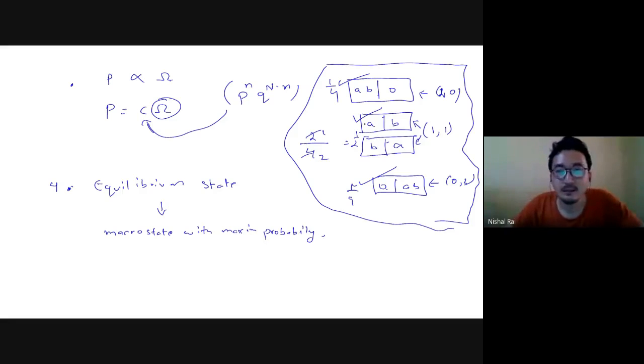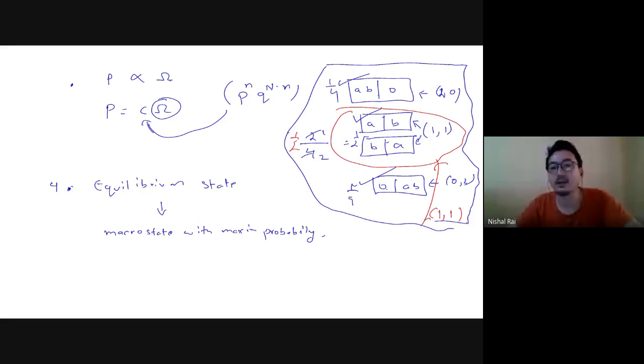In this example, your equilibrium state will be given by this macrostate. Clear? 1 and 1, because this has a maximum probability, which is half. So that's why this is considered as an equilibrium state.